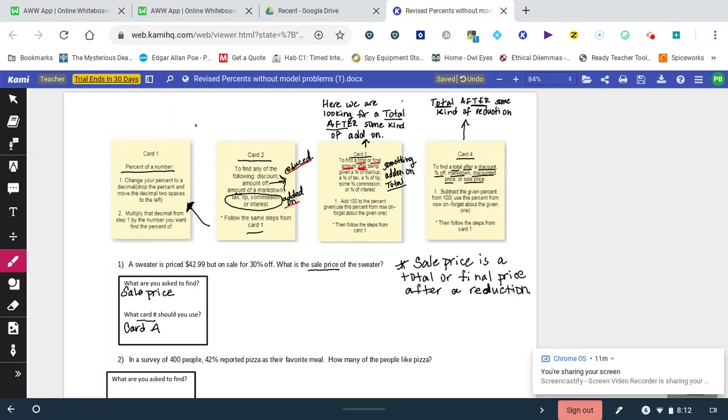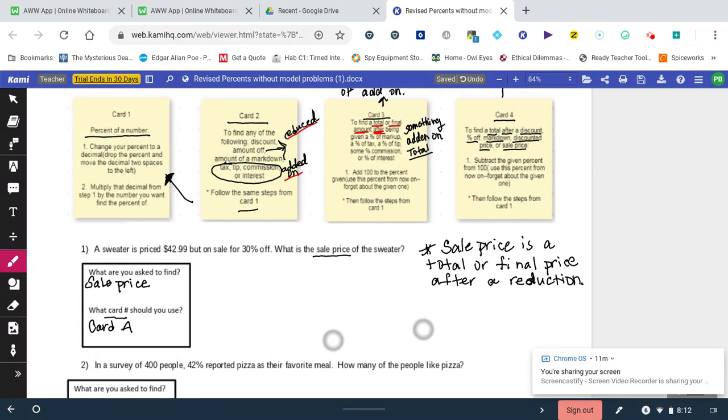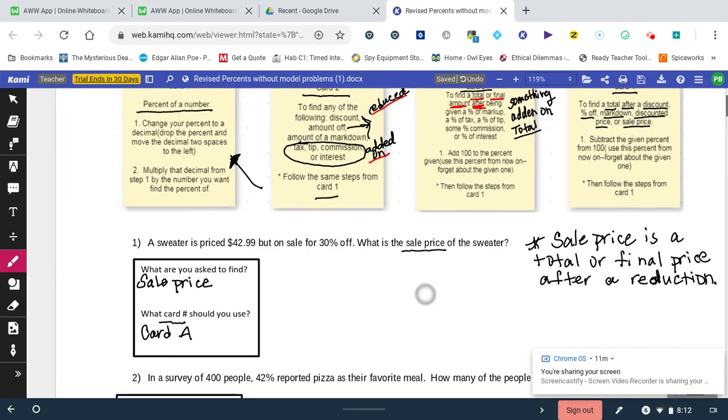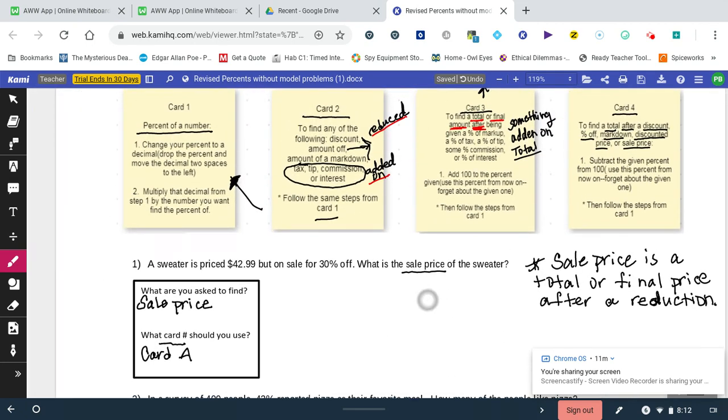So I need to follow the steps on card 4. If I follow the steps on card 4, it says subtract the given percent from 100. Okay, so here's the given percent. I'm going to take 30 away from 100.